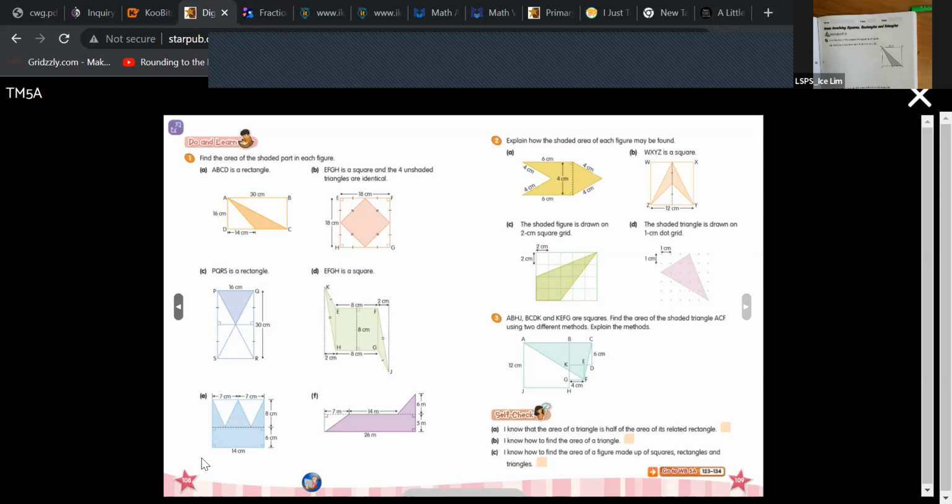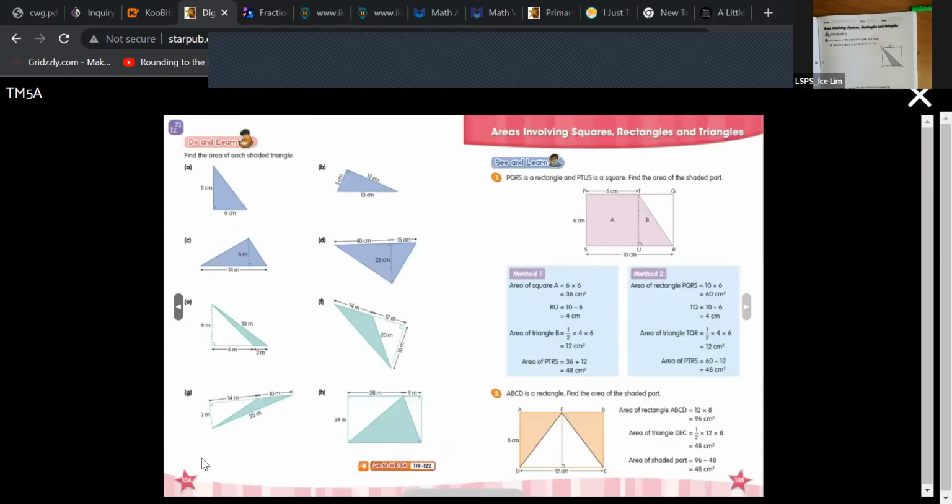Now, let's flip back to the previous pages. I would like you to look at these pages where the answers are worked out for you. Starting with this page, this is page 105. Look at page 105 in your textbook now.